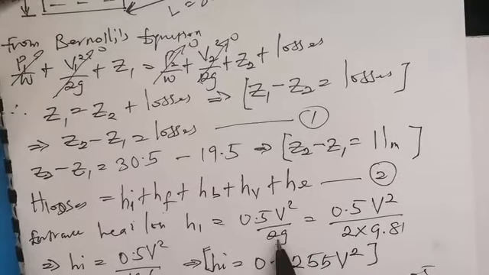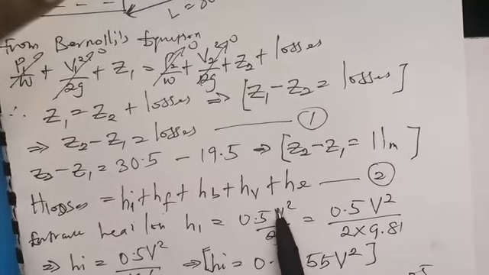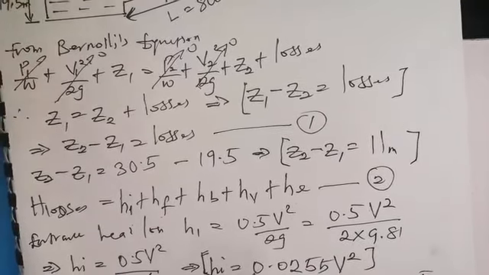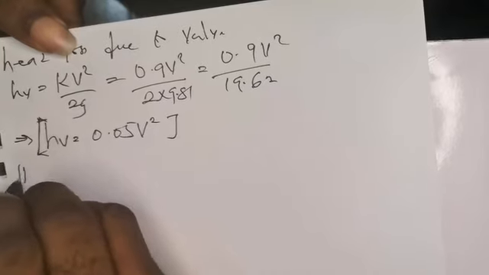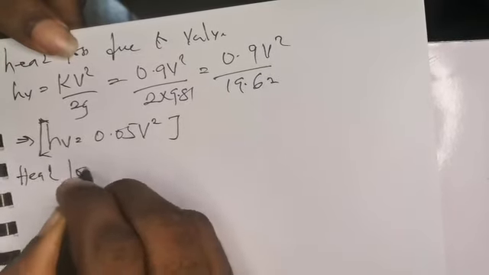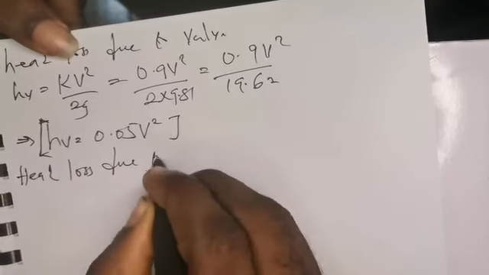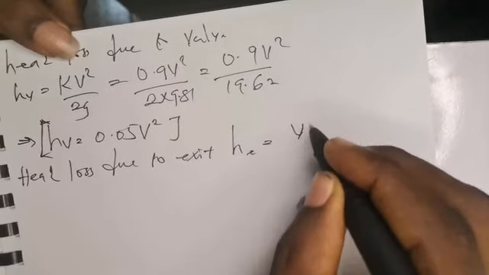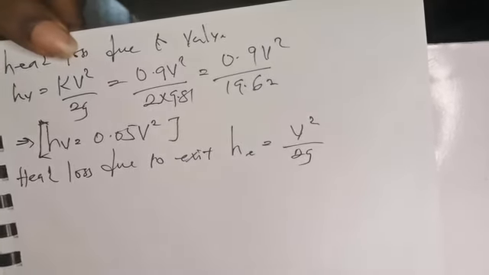Finally, from equation 2, we find the head loss due to exit of the fluid. The head loss due to exit, HA, is given as v squared all over 2g.